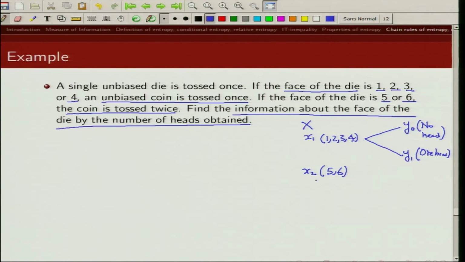Correct? Now what am I doing when I am getting 5 or 6? I am tossing the coin twice. So what are the possible outcomes as far as heads are concerned? I can get no head, in neither of those two tries, or I can get one head, or I can get two heads.